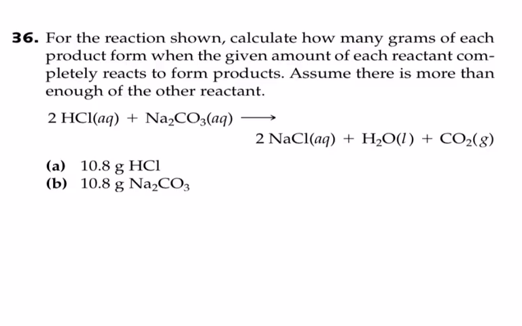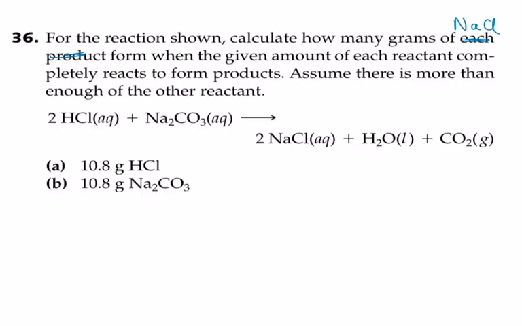Let's go ahead and just do, I'm changing it up. Instead of each product, how many grams of, let's see, what should we pick? How many grams of NaCl? Because that's just ridiculous. They're fun, but they're not that fun.